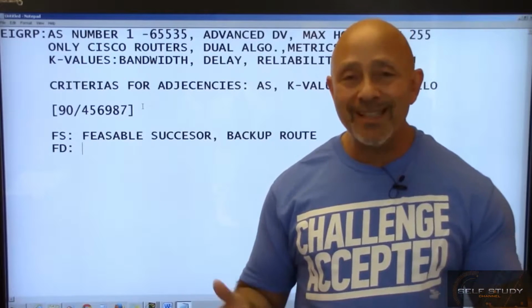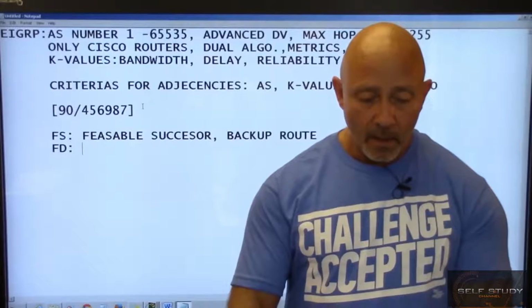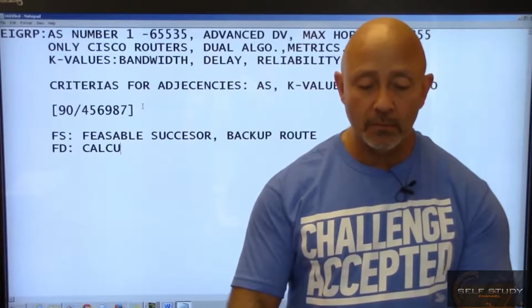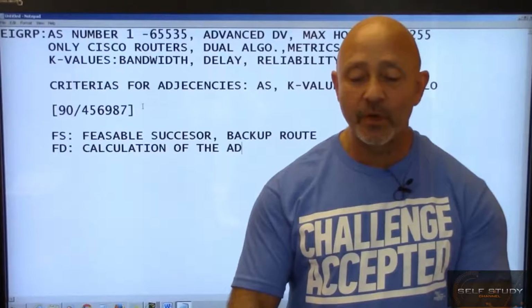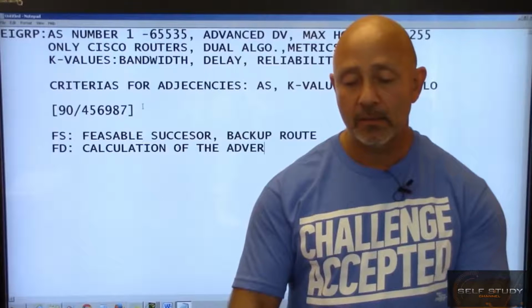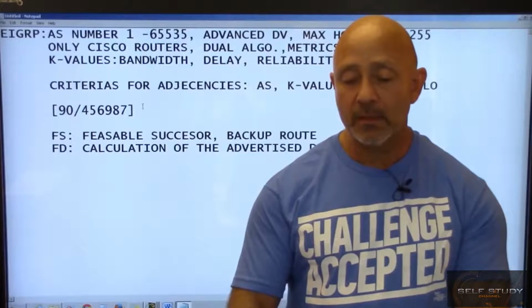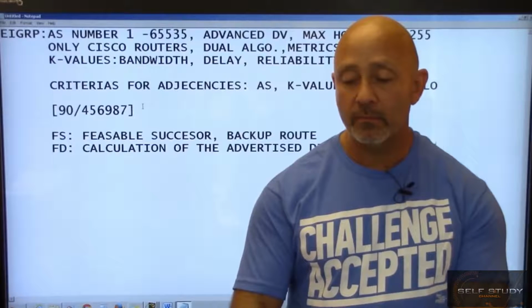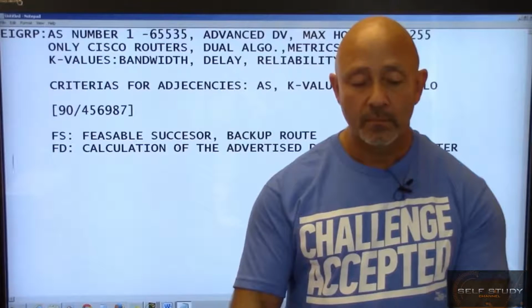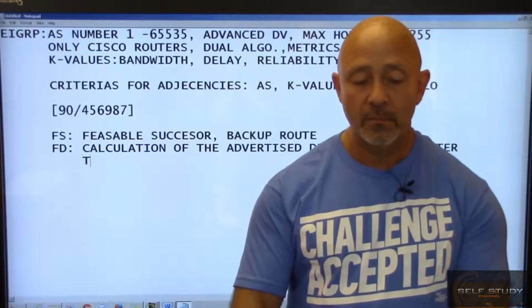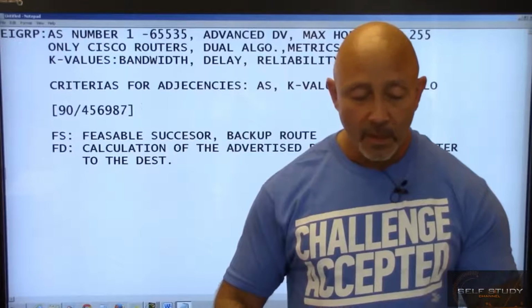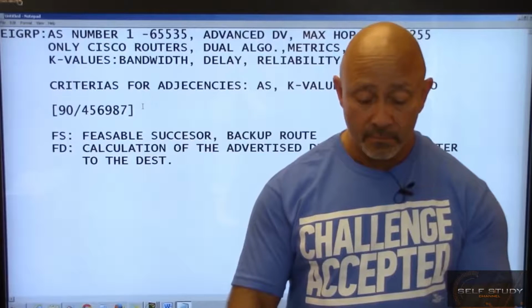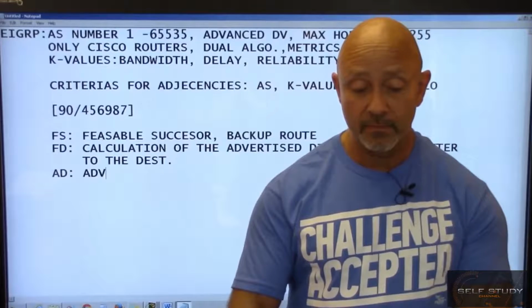The feasible distance is a calculation of the advertised distance of a router to the destination. Then you have the advertised distance.